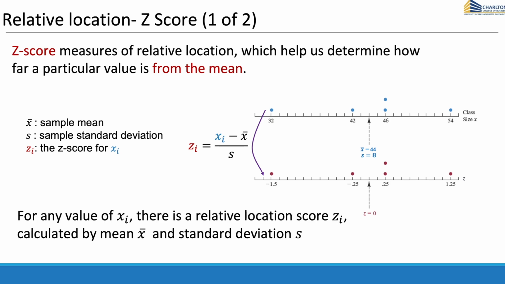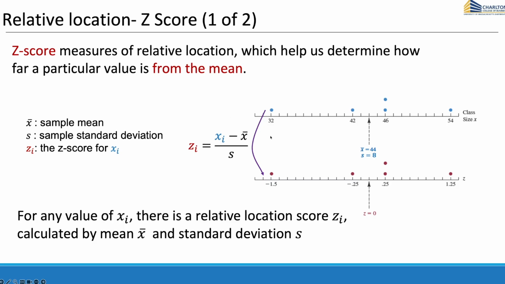Z-score measures relative location, which helps us determine how far a particular value is from the mean. We specify x bar as the mean of the data, s as the sample standard deviation, and zi, or z of data point i, as the z-score for xi.